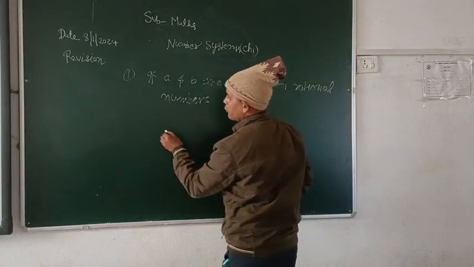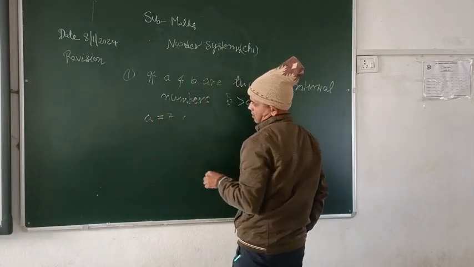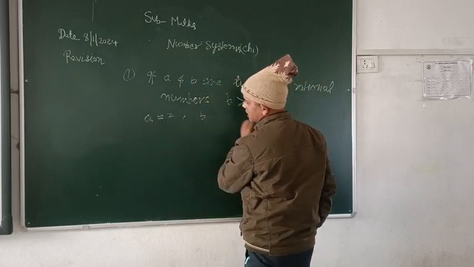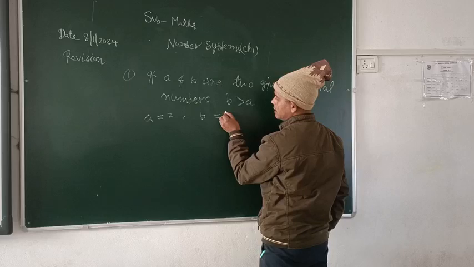It means if we are taking A equal to 2, then B is definitely greater than 2. It means we can take 3.